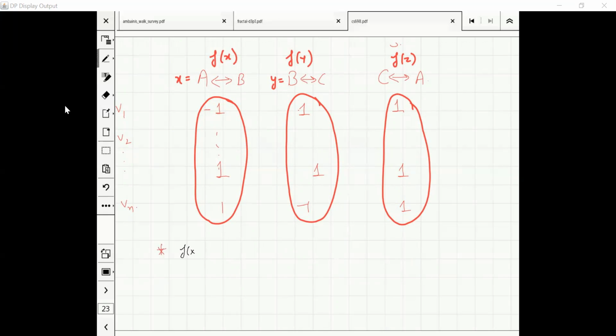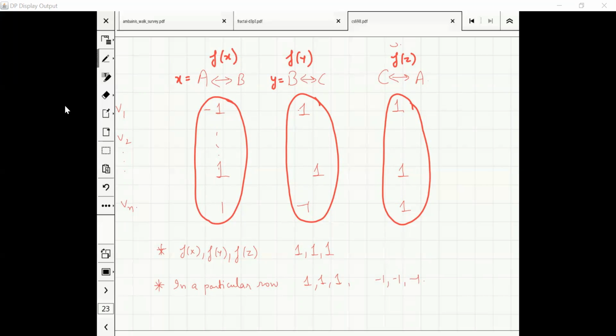How will we decide the winner from f of x, f of y, and f of z if all 3 were 1 1 1? Can I have 1 1 1 or -1 -1 -1 in a row?